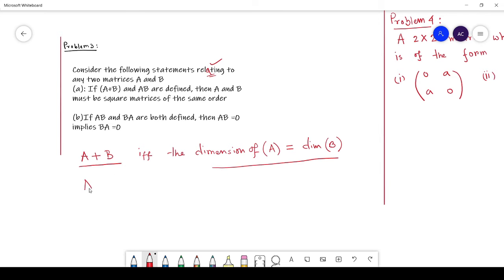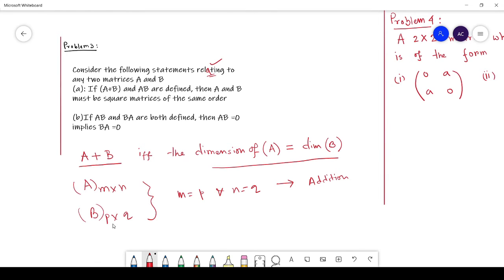That is, if A is of order m cross n and B is of order p cross q, then if A plus B is defined, m equals p and n equals q. This is for the addition.